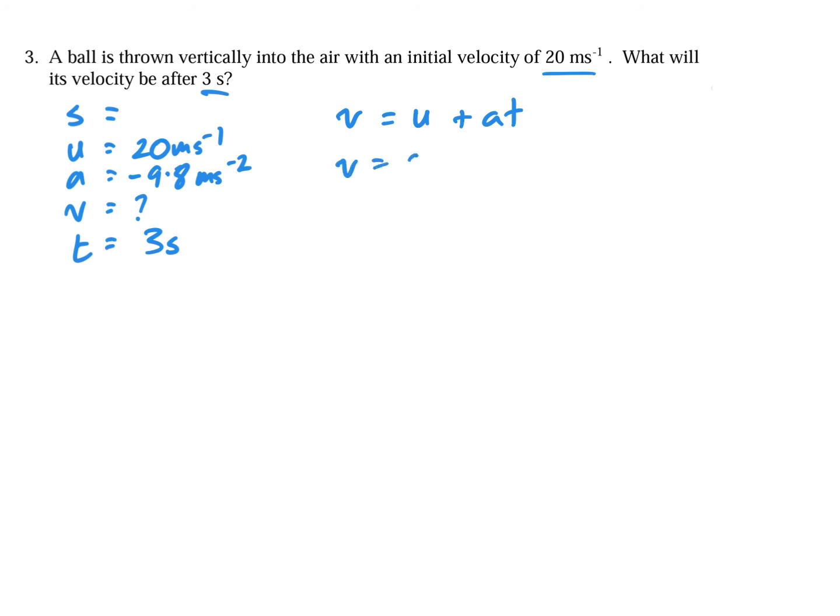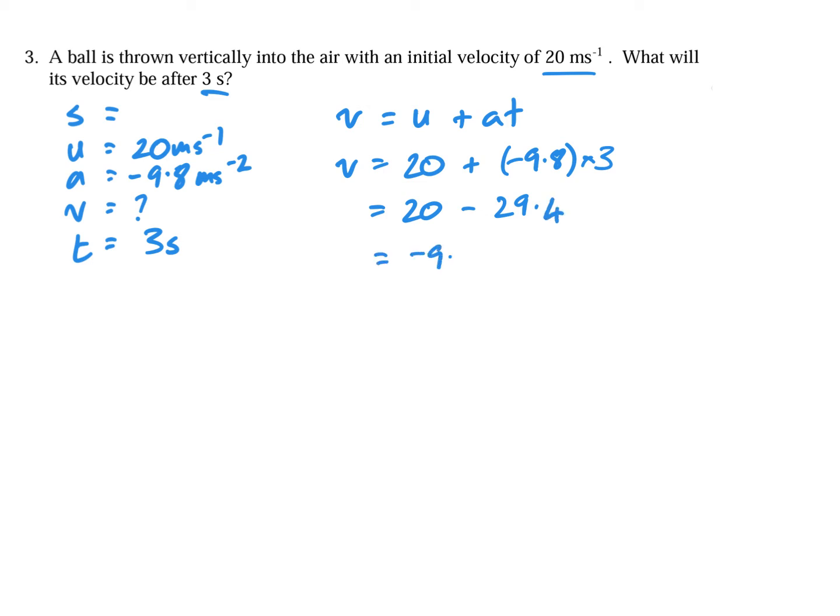So v is 20 plus minus 9.8 times 3. Okay, or 20 minus 9.8 times 3, it's the same thing. So that's 20 minus 29.4.